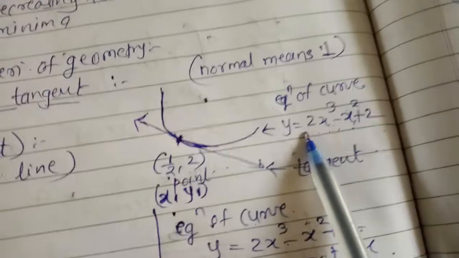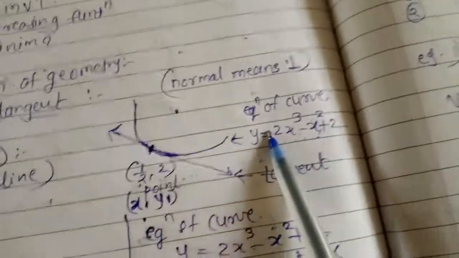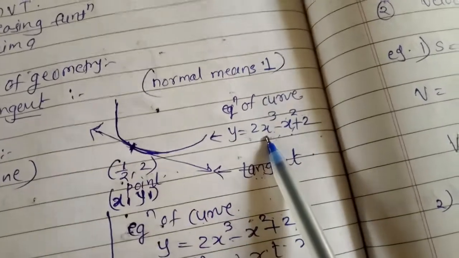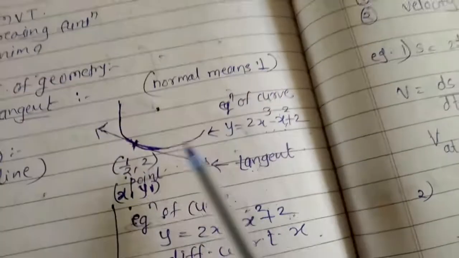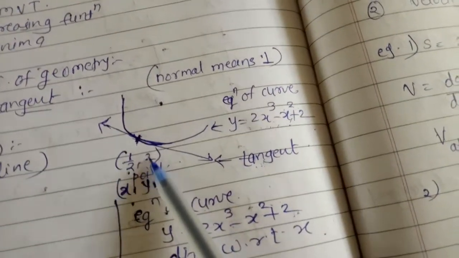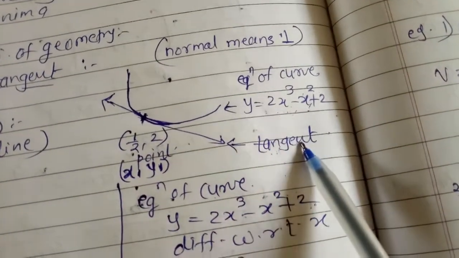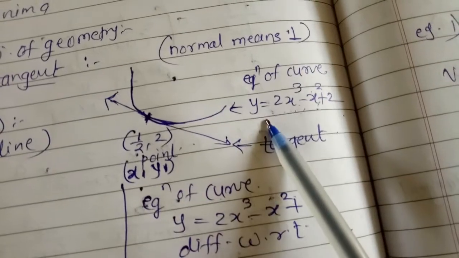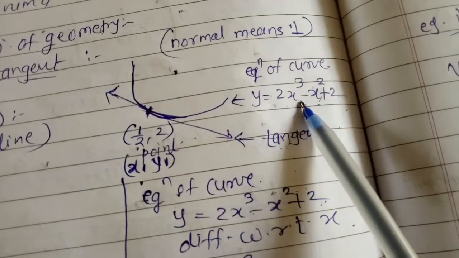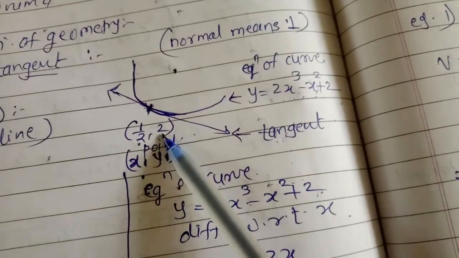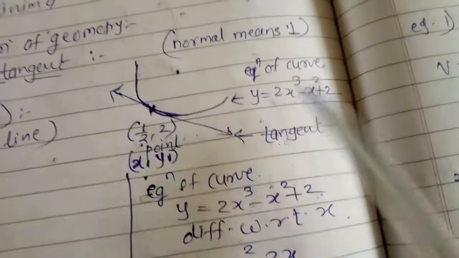Here, one thing you have to remember: if you are given the equation of the curve, and we take the derivative of this equation of the curve at this point, then we will get the slope of the tangent. Let me repeat, if I take the derivative of the equation of the curve at that point, half and 2, then we get the slope of the tangent.